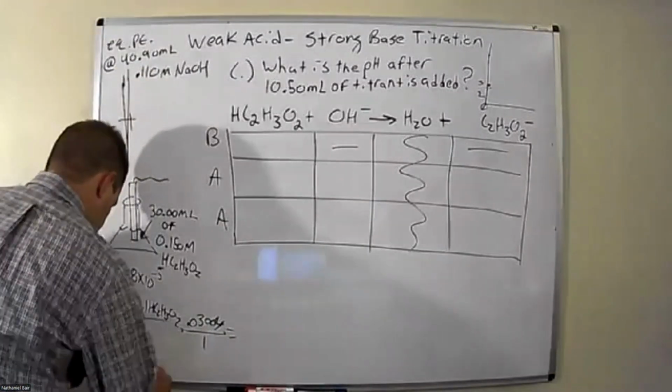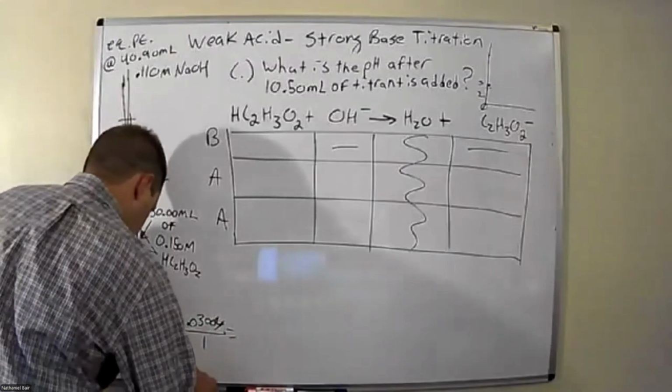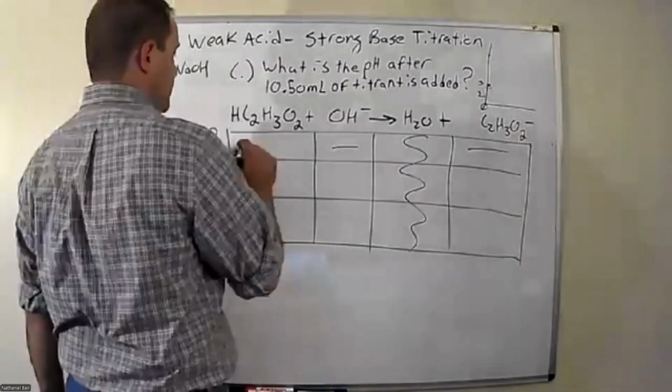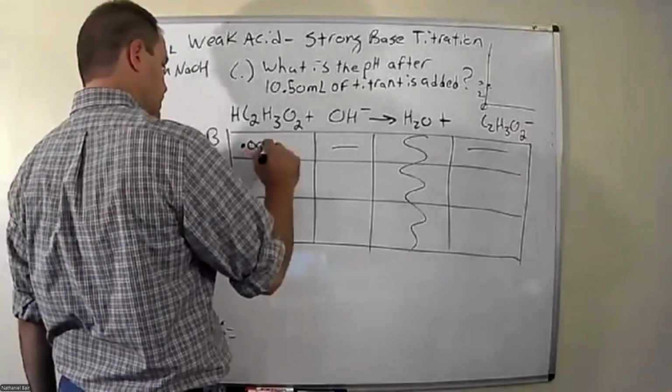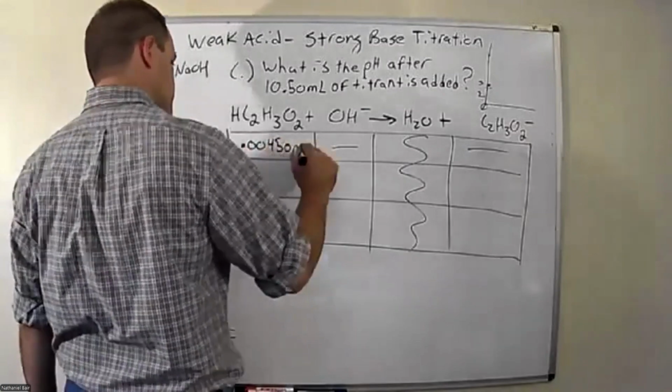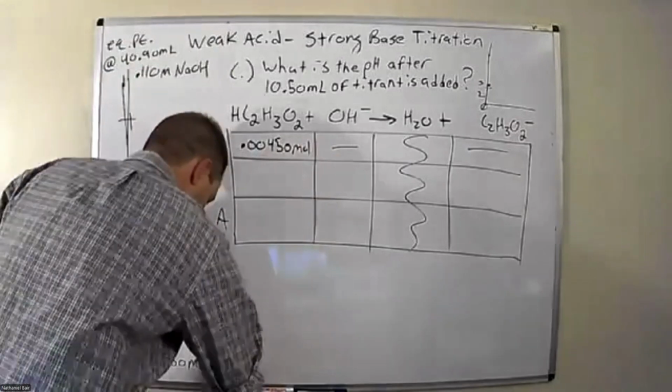That's going to be 0.00450 moles. So we are starting with 0.00450 moles of acetic acid in there.